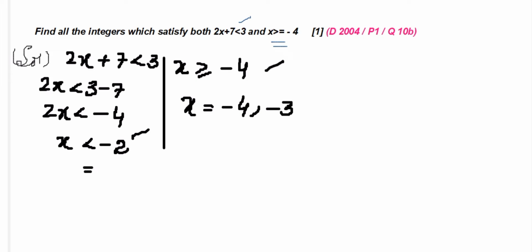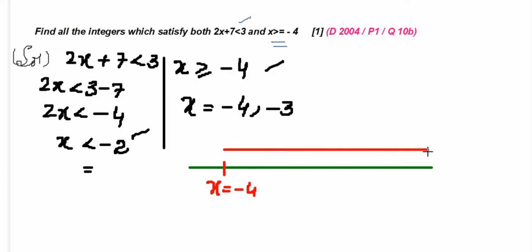We can see this whole situation on the number line. Suppose this is x equal to minus 4. Now this inequality shows we need all those numbers which are greater than or equal to minus 4, so this will be in this direction. This shows x greater than or equal to minus 4. Suppose here is x equal to minus 2.